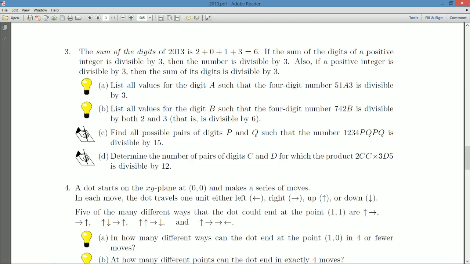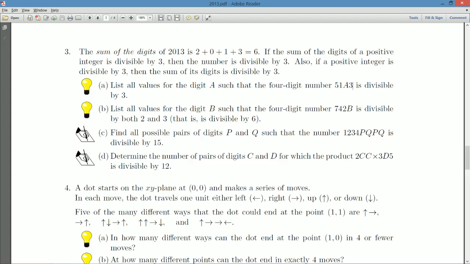It's something that you hopefully have seen by now, but if not, they're introducing it to you. So I have 4 parts in this question, and I'm betting that sum of digits is involved somewhere. A part: list all values for the digit A such that the 4-digit number 51A3 is divisible by 3.